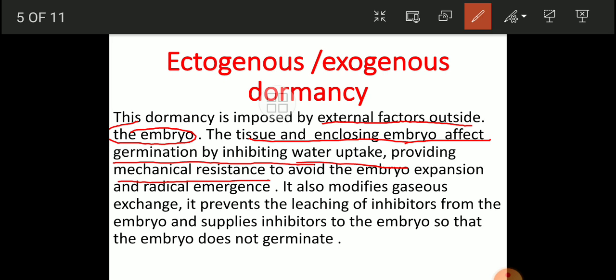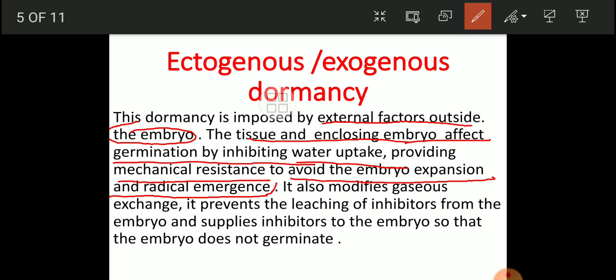These things are responsible for avoiding embryo expansion and radicle emergence. Students, have you seen the embryo? If not, take a groundnut seed and open it carefully. You will find a very small white part attached to the two cotyledons, and that is the embryo.